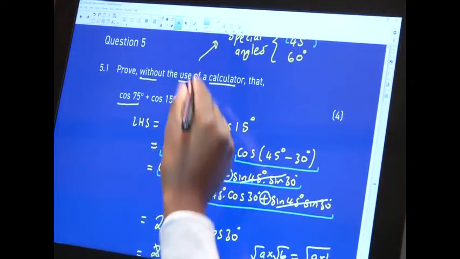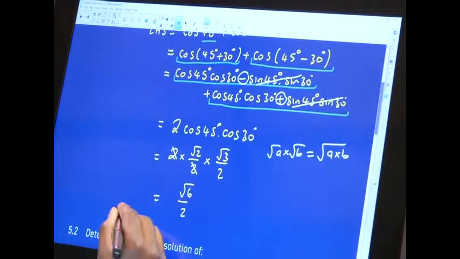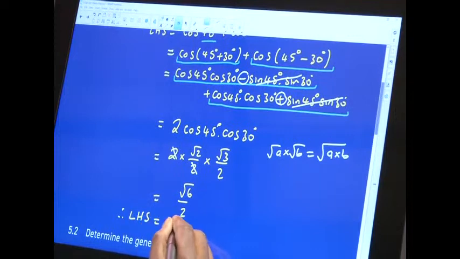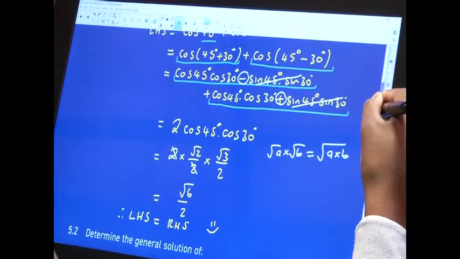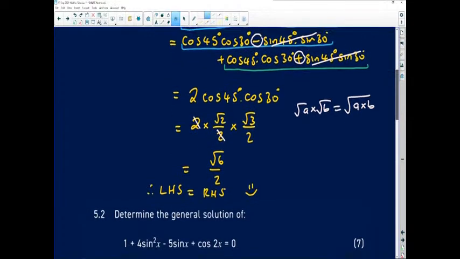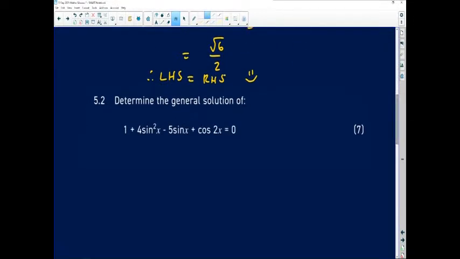Root 6 over 2 is the expected solution when you simplify what is on the left. Therefore, the left-hand side is indeed equal to the right-hand side. Beautiful question, a very simple application of compound angles and double angles, and beyond that, we're going to see how much more we can do in our next question.